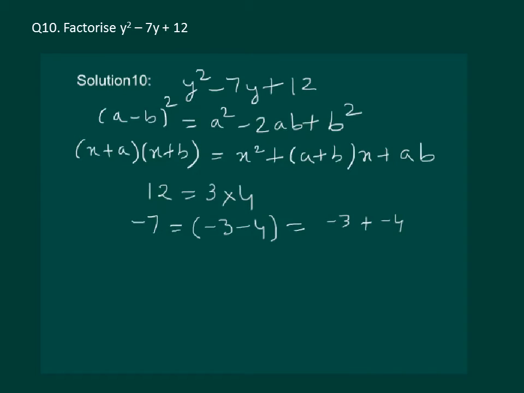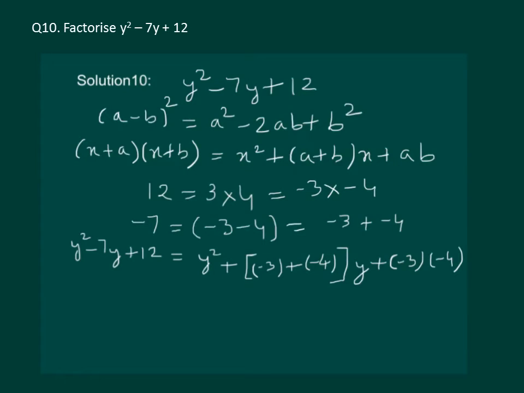So let us do one thing. Instead of taking 12 equal to 3 into 4, if we take 12 equal to minus 3 into minus 4, since we know that minus into minus will give us plus and 3 4s are 12, hence the value will not change, then it will be easy for us to use this identity.